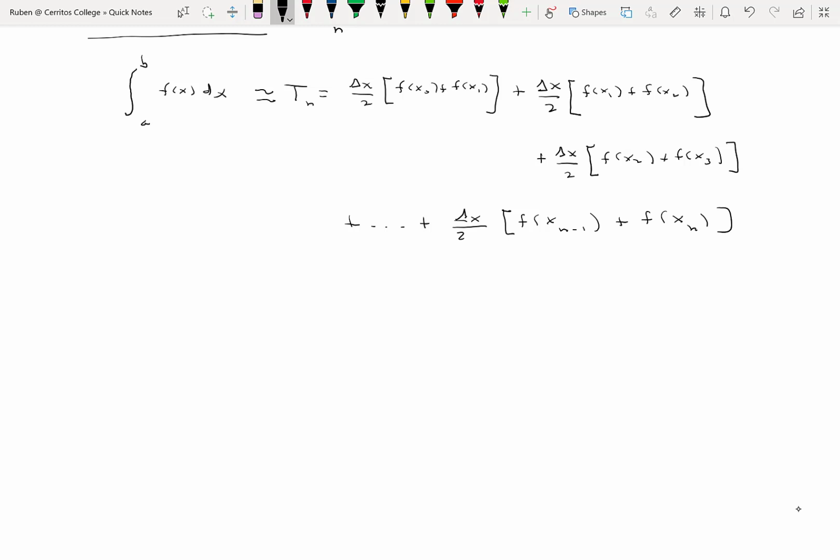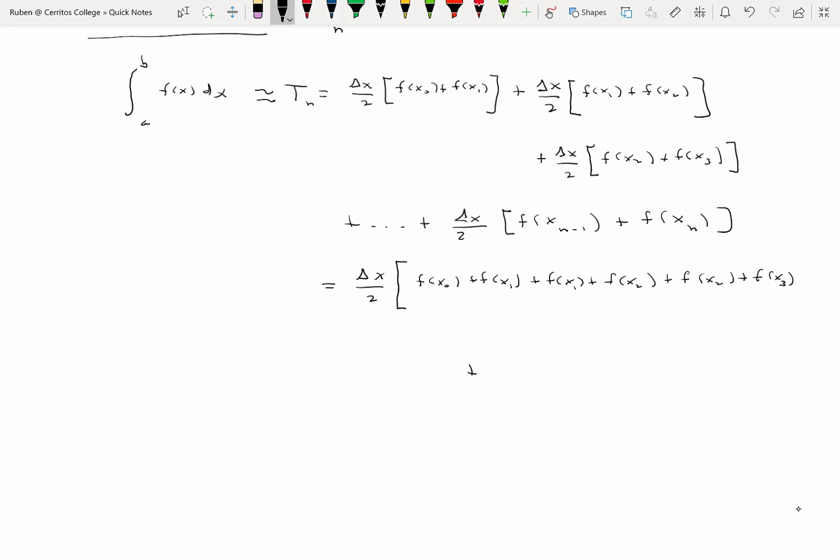Looks like a complicated formula. It simplifies very, very nicely. Notice first that delta x over 2 factors out. Then we get f of x sub 0 plus f of x sub 1, plus f of x sub 1 plus f of x sub 2, plus f of x sub 2 plus f of x sub 3, all the way to the end.